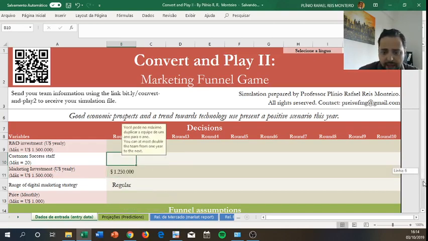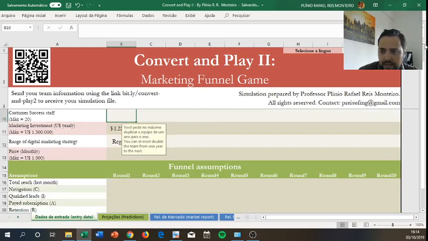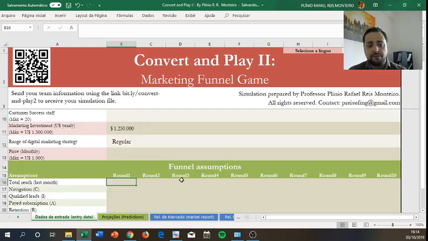And suppose that I'm going to invest this amount in the first year. So with this in mind, I need to have an idea here in the funnel of what will be the reach of your company in the last month of the operation. So for the first round, this means that you're talking about the month of December in the year, because we're going to start the simulation in January.